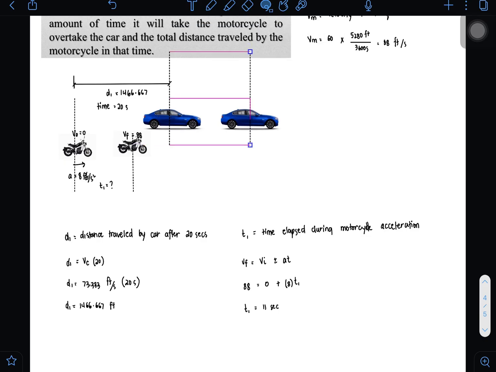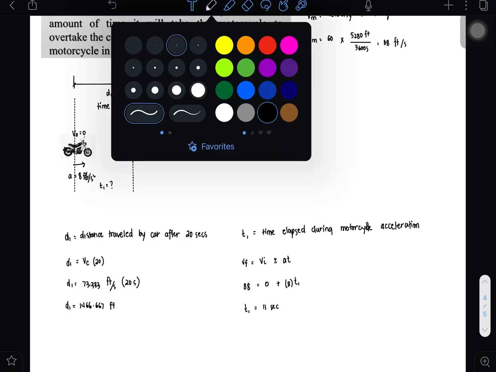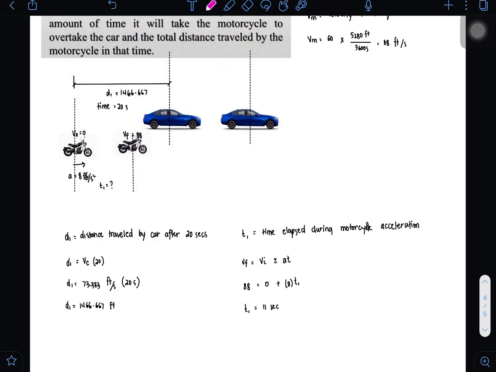I hope you follow. Remember that here the time 0 starts for our car and our motorcycle. Then this is also the time 0 for our car. Motorcycle and the car.